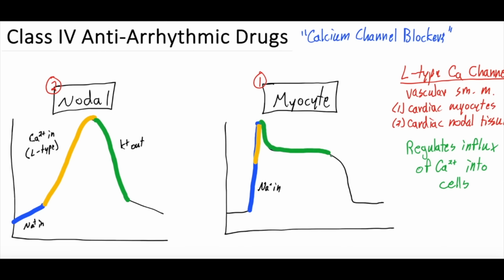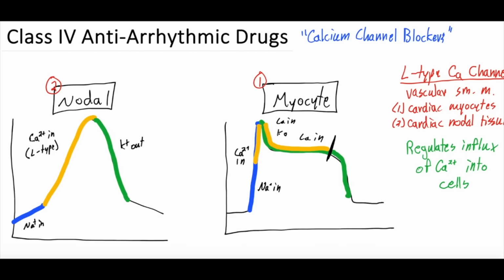The sodium channels start to close, but you still are getting some calcium in for a period, and then that stops, and that is when repolarization finishes. So you start to get some calcium in, you still have calcium coming in, and then it stops.